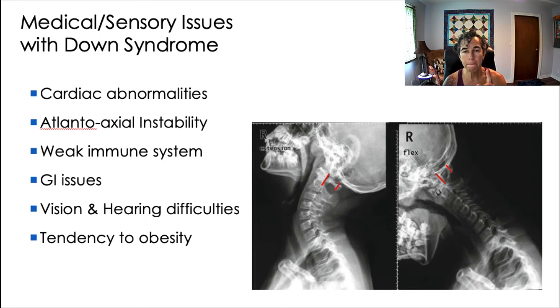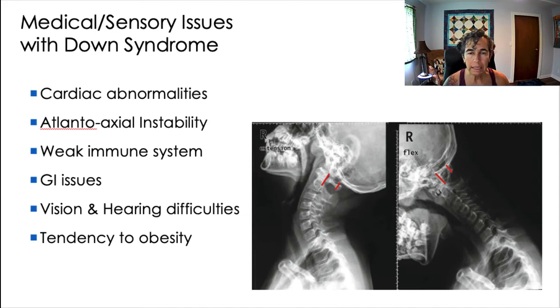So we have the top of the spine, which has a vertebra that points up and a ring that goes around it. In children with Down syndrome, and this is not everybody, that connection can be fragile. My understanding is that it's not as well formed, and so it's not as secure.